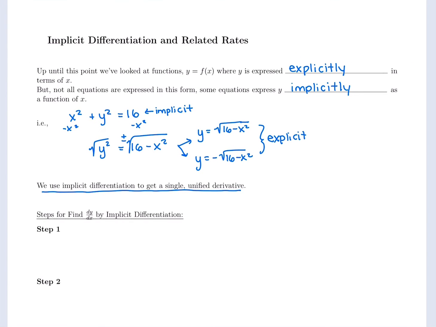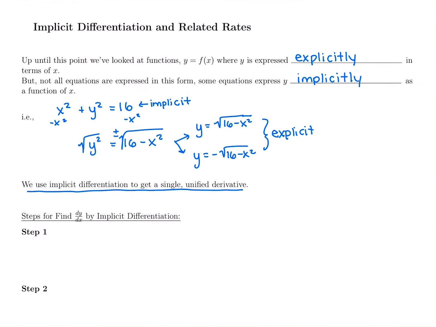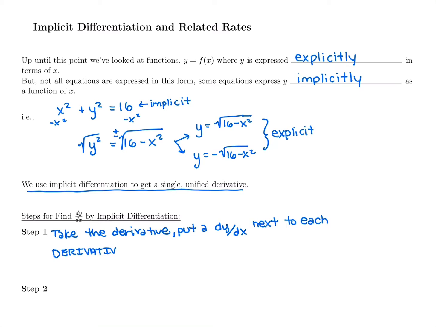When we have x's and y's on one side, what are we going to do first? The first thing we're going to do is take the derivative. It's going to be a normal derivative, using our typical derivative rules, but we're going to put a dy dx next to each derivative of y.